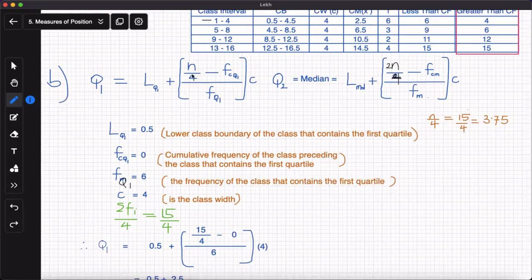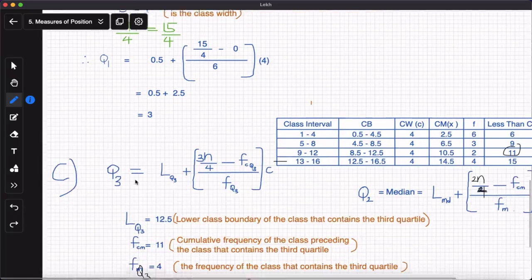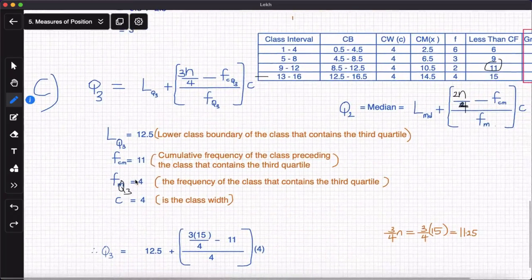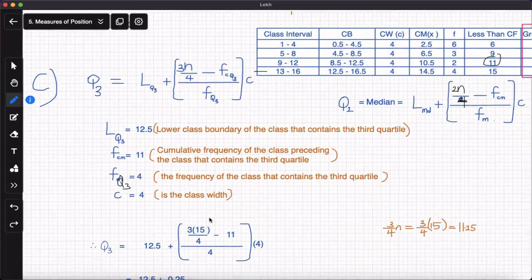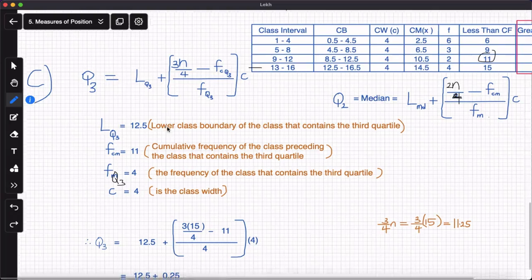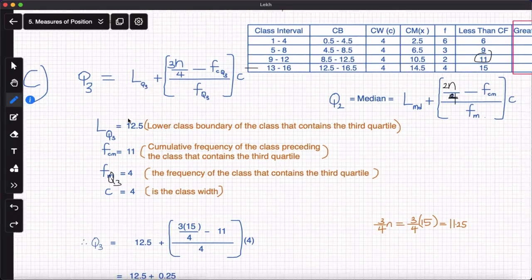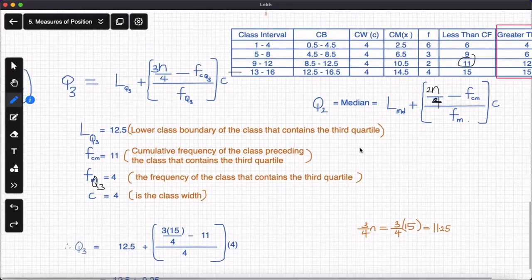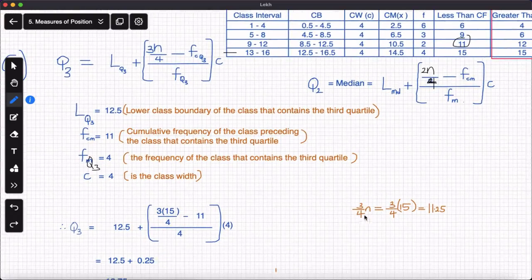And when we were interested in Q1, we used n divided by 4, so that's 1 over 4 multiplied by n. And so when we look at Q3, we use this formula here. We say 3 over 4 times n, and that will give us 3 over 4 multiplied by 15, because n is 15, and that will give us 11.25.